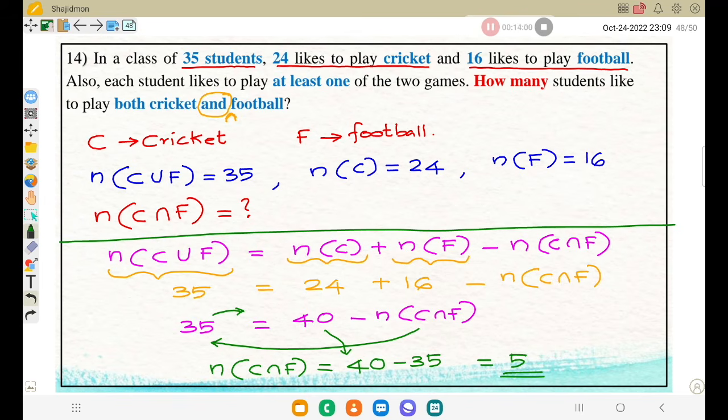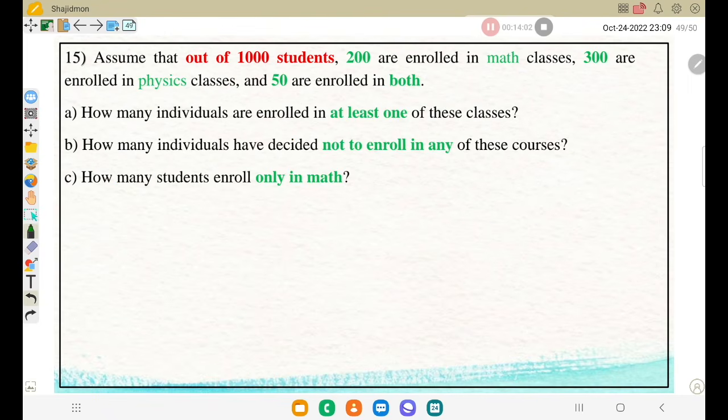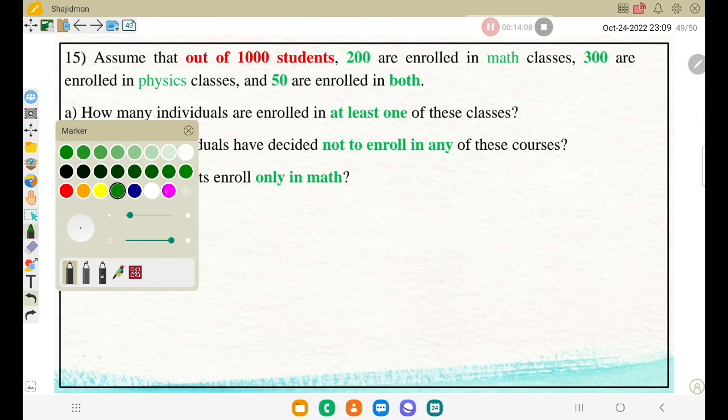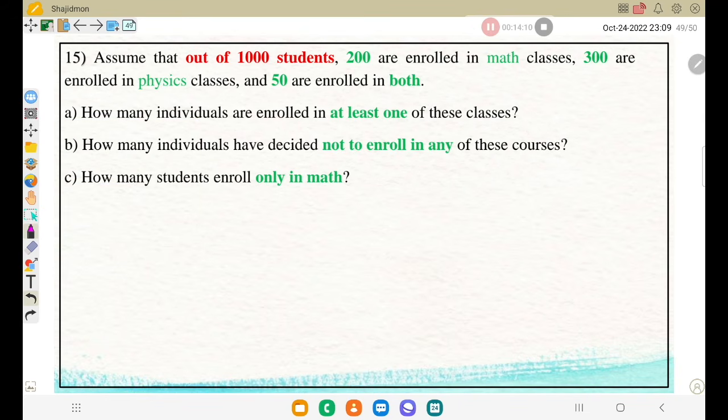Okay, now let me go to the last question, question number 15. You can read the question first. Assume that out of 1000 students, 200 are enrolled in math classes and 300 are enrolled in physics classes. 50 are enrolled in both classes.